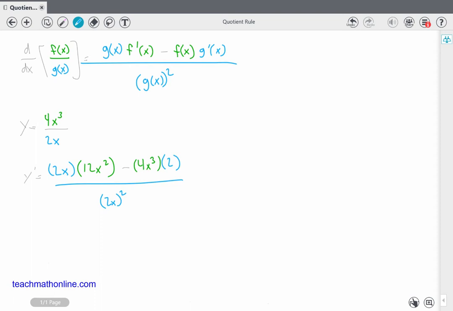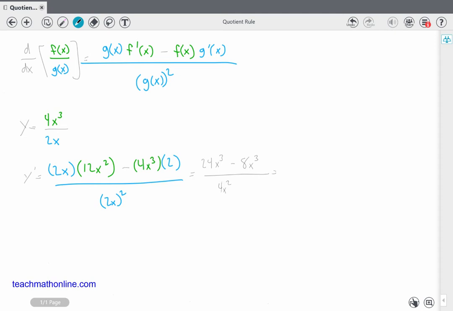So if we were to go ahead and simplify this out, that's going to be 24x to the third minus 8x to the third over 4x squared.